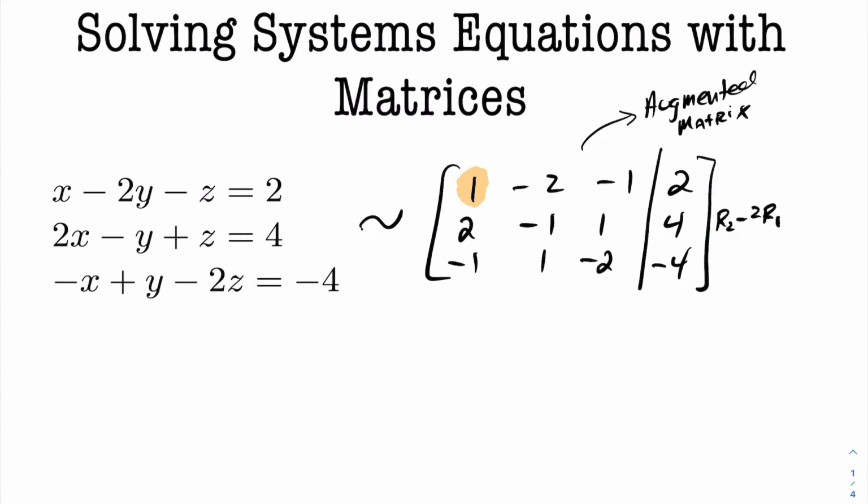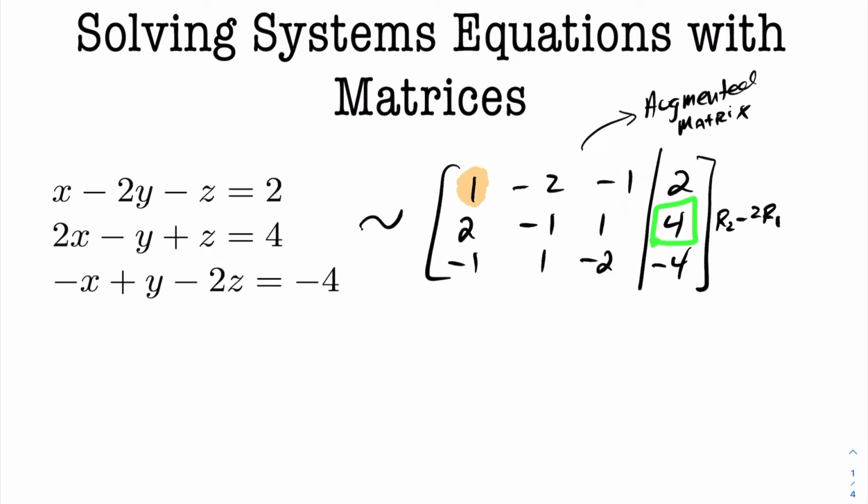What that will do is it will take every entry in your second row. In this case, it'll start off with 2. It'll subtract twice this value, obviously making this 0. Then you go here, and this will take -1 minus twice this entry. Then we go here, and this entry will now be 1 minus twice this entry.